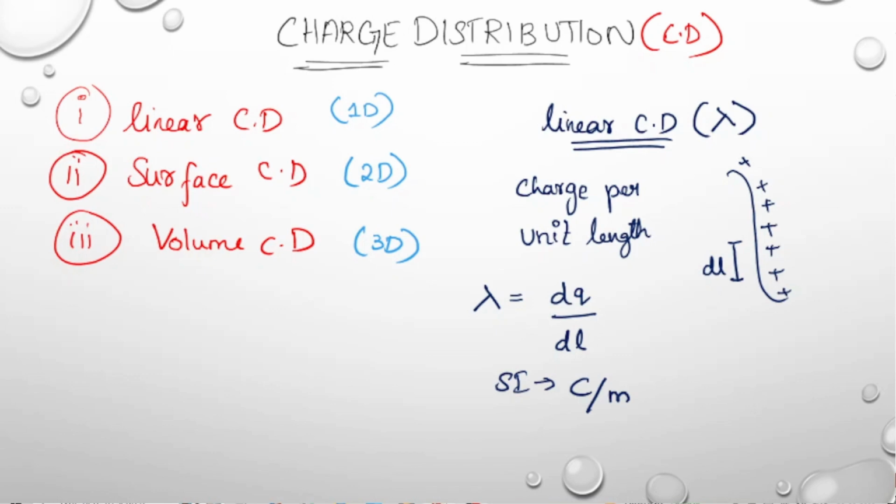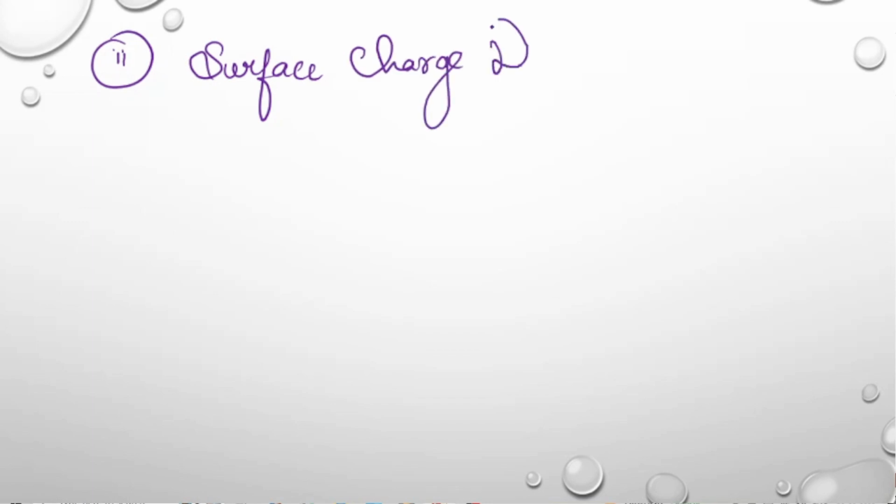So Coulomb per meter is the SI unit of linear charge distribution. Now moving on to the next, the second type, surface charge distribution.